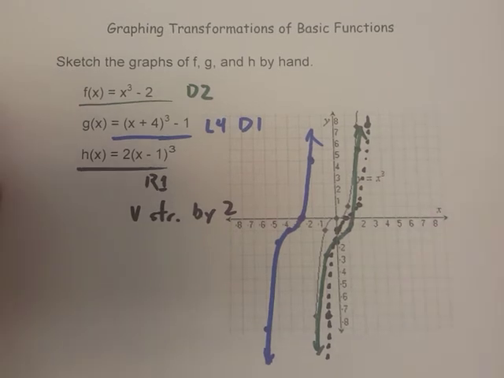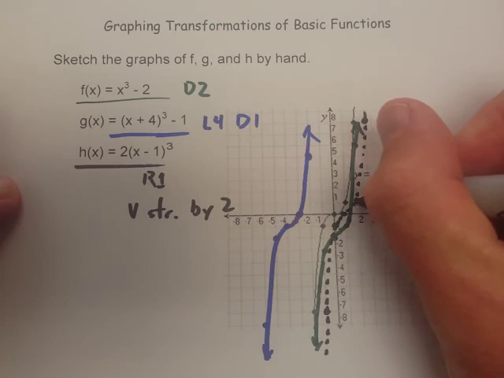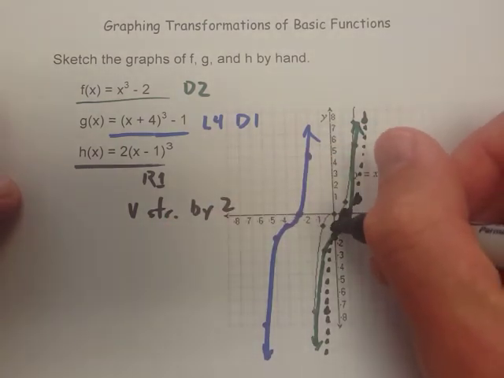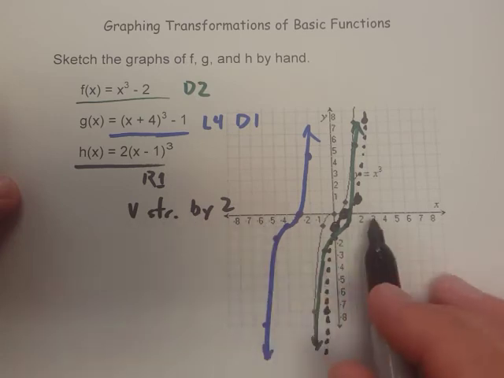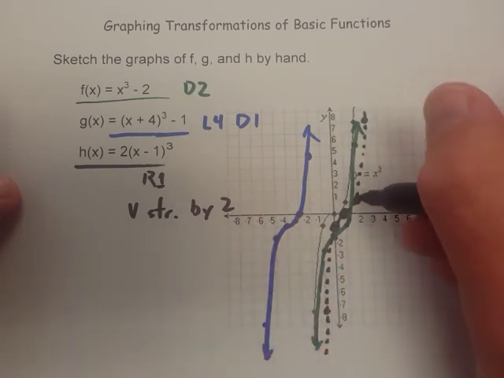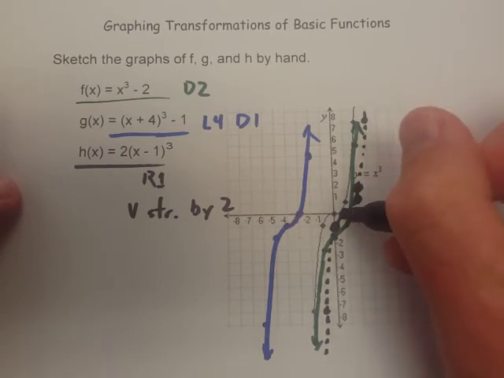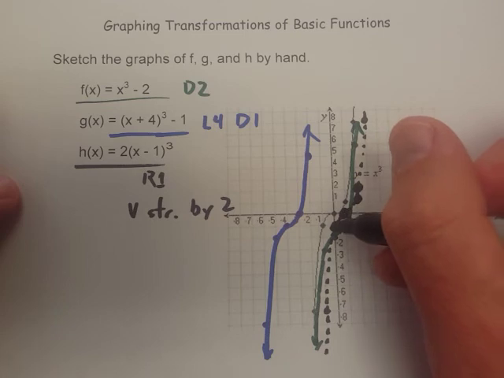Now, this might be a little hard to see, as my graph has gotten a little messy, but I'm going to take each one of these points, this vertical stretch by 2, and multiply the y values by 2. So if I've got this one here, which has a y value of 1, I multiply and it goes up to 2. 0 times 2 is 0. Negative 1 times 2 is negative 2.